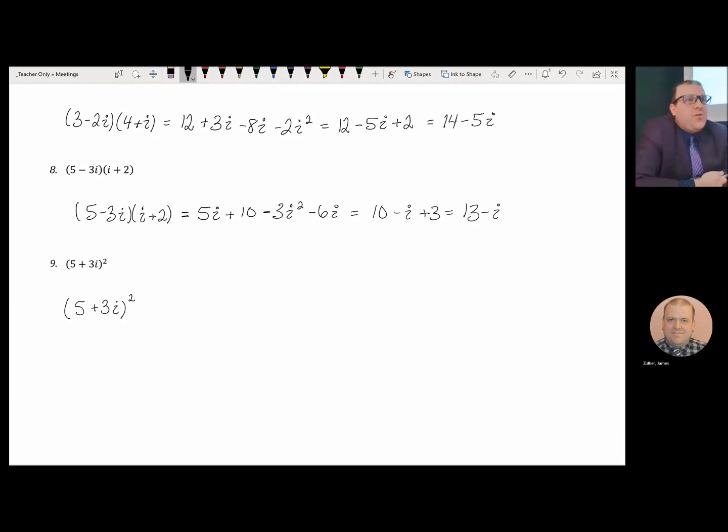Five plus 3i squared. Well, you can write this as 5 plus 3i times 5 plus 3i, right? We can also just use the binomial theorem to expand this out. 5 squared, plus twice the product of 5 and 3i, plus 3i squared.